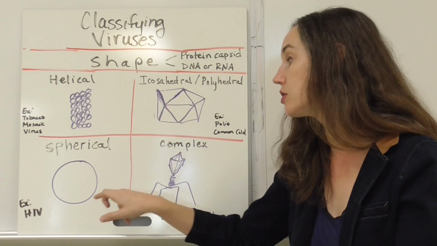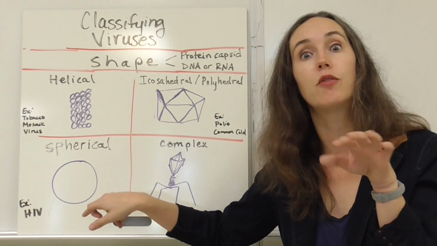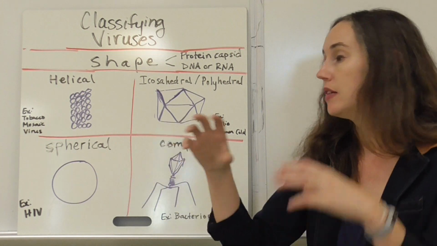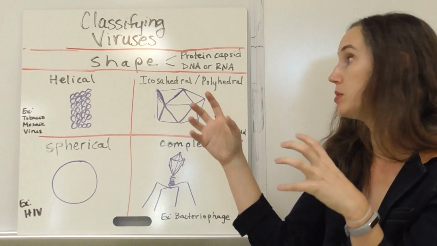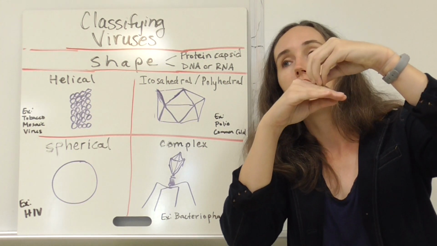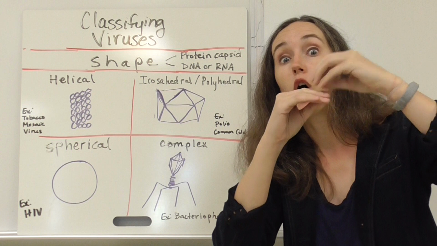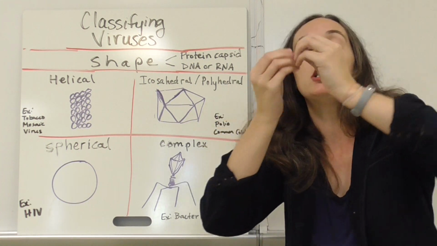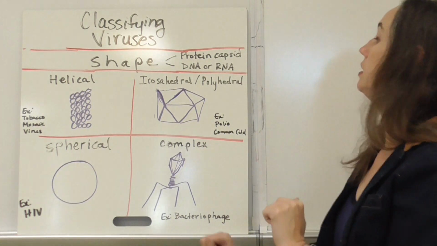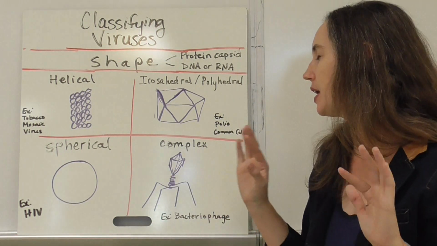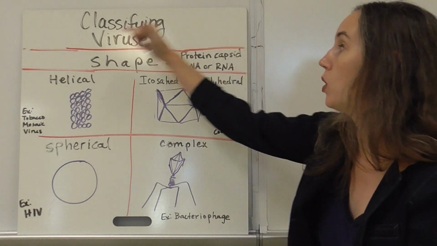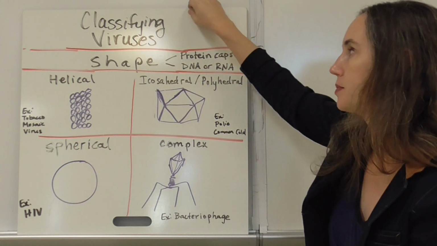These are super sneaky and good at infecting cells because the membrane around the capsid will fuse just ever so gently with the membrane of the host cell, and it makes it so much easier to drop that virus right into the host cell. So spherical viruses are super good at infecting host cells. This is one way, looking at shape, to identify them.